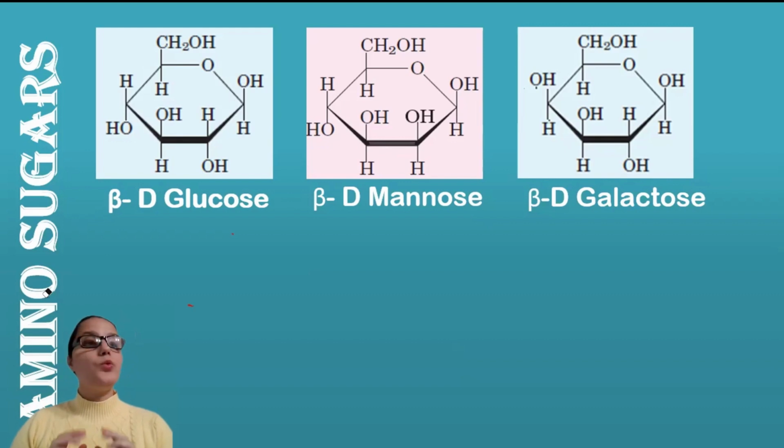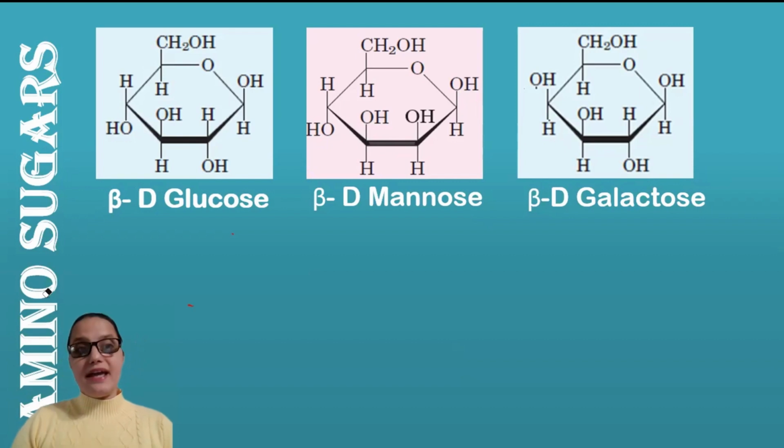Now, we actually want to talk about the derivatives of these monosaccharides. Here, all the carbons are associated either with other carbons or with H and OH. So the hydroxyl groups and the H are their major substituents.